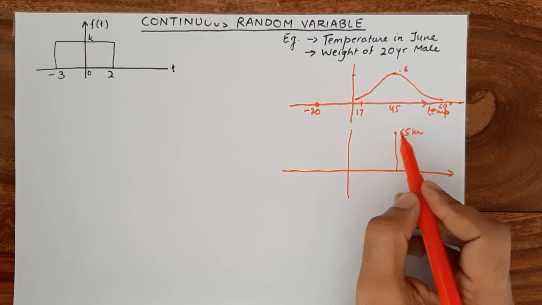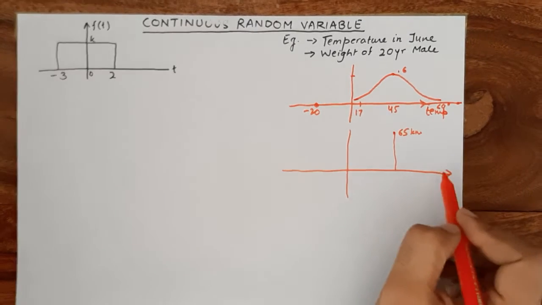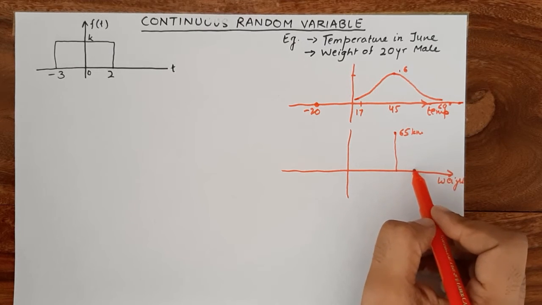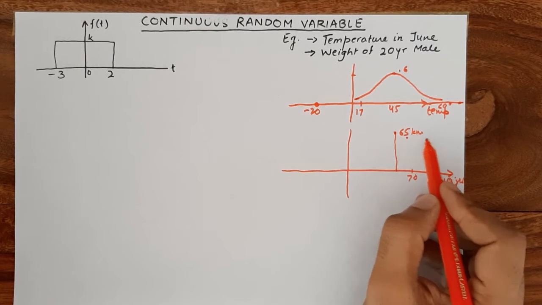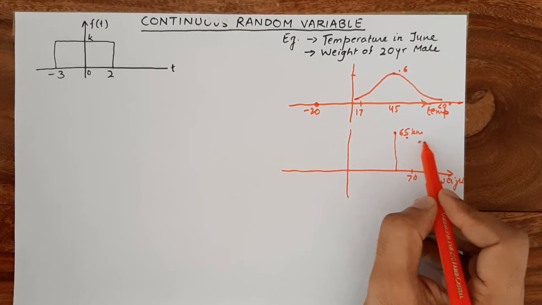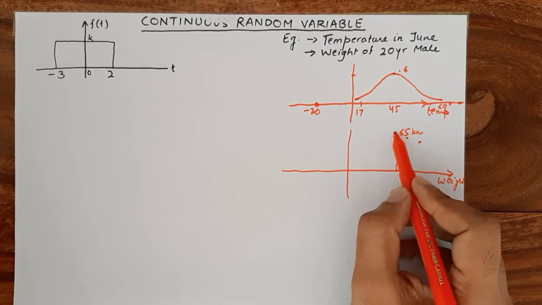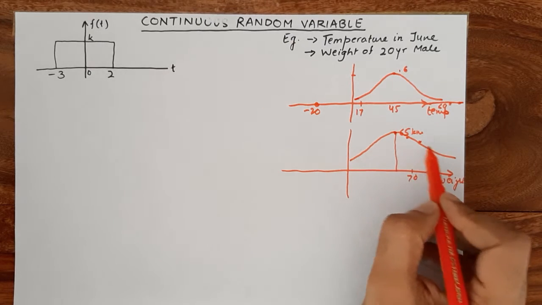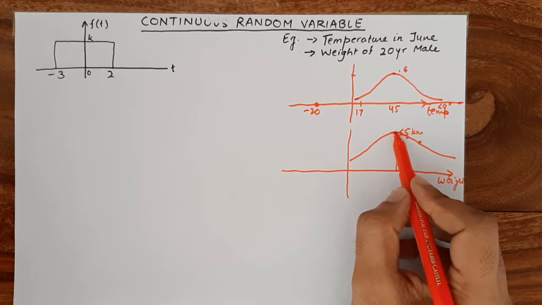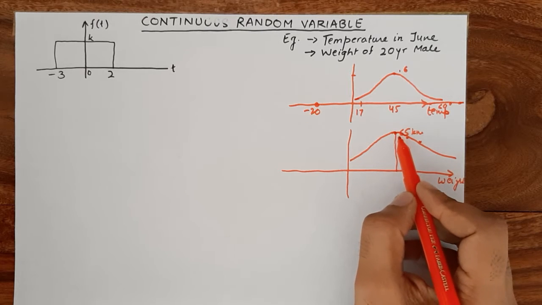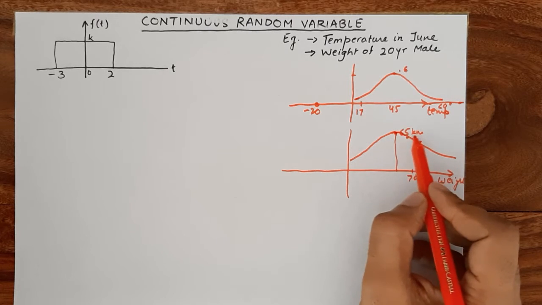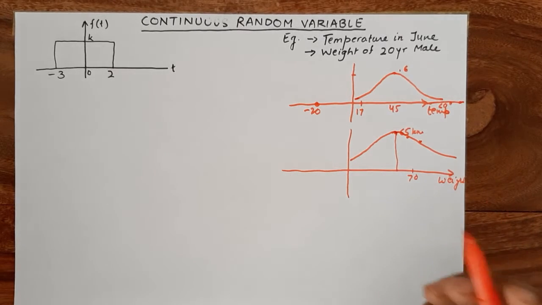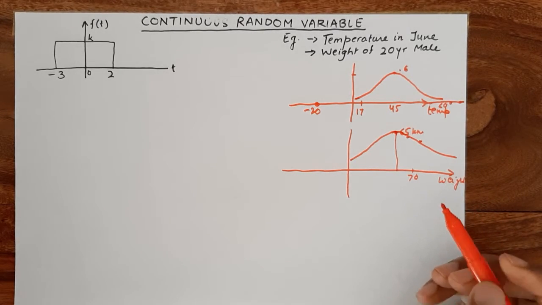Then again, for each value of weight, you'll have some probability associated with it. 70 kgs will have some probability, maybe 80 kg will also have some probability, but it'll be continuous in nature again. And you see that the graph is symmetrical about the most likely value. This is, by the way, known as normal distribution, that we will discuss in the coming videos.